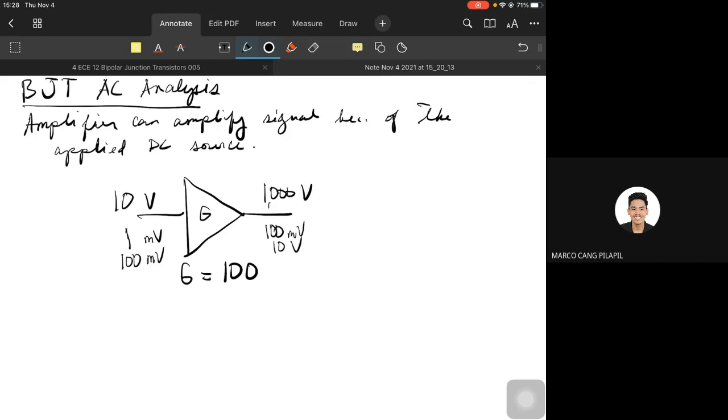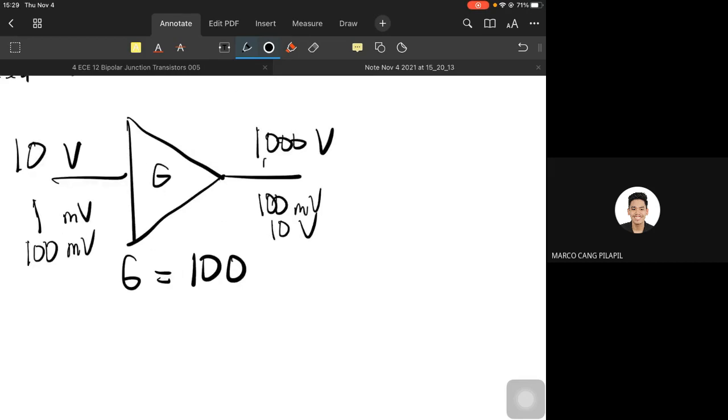Does that make this device sort of magical? Is it a magical device? It can convert 10 volts to 1,000 volts. But why can't we observe this right now? We don't see this kind of device able to convert very large amounts of voltages, while in fact this gain of 100 is relatively small.